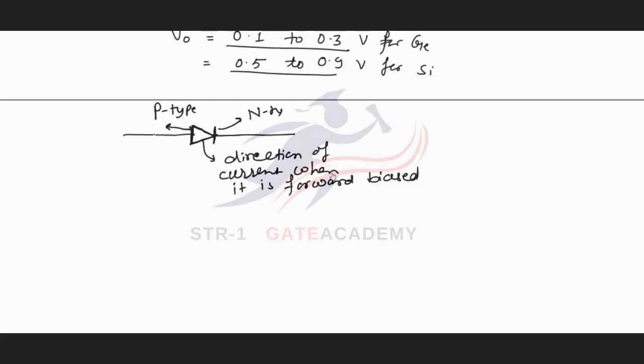The terminal of the diode on P side is called anode and will be represented in circuits with A, and the terminal of the diode towards N-type semiconductor is called cathode and is represented with K.